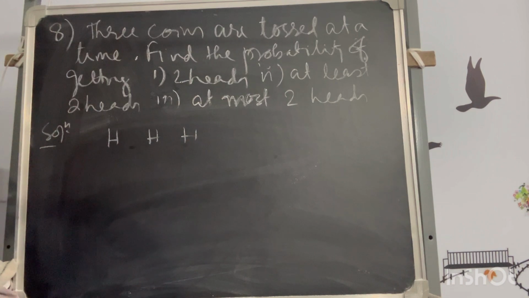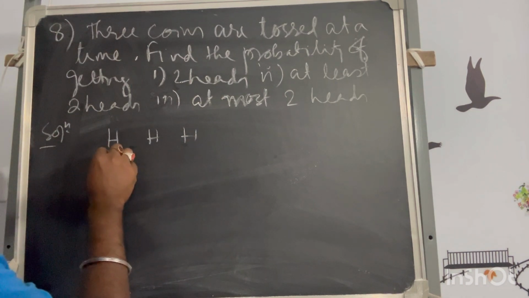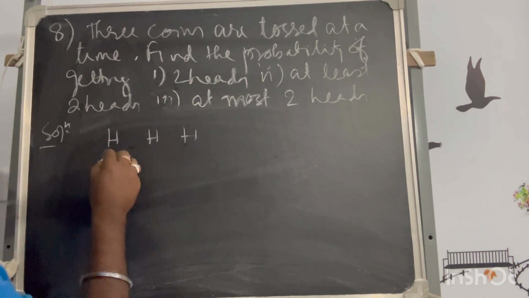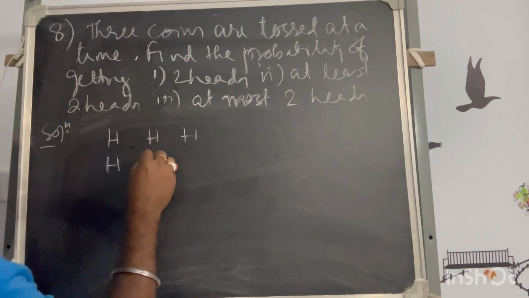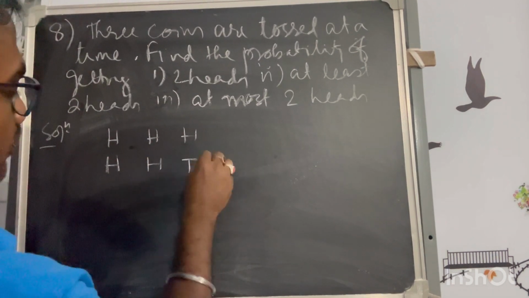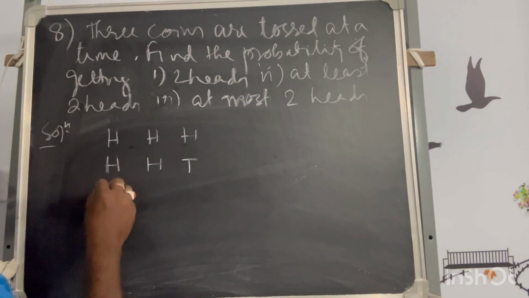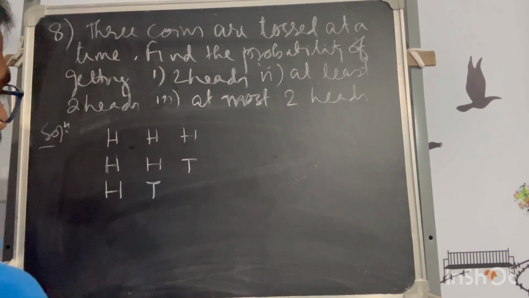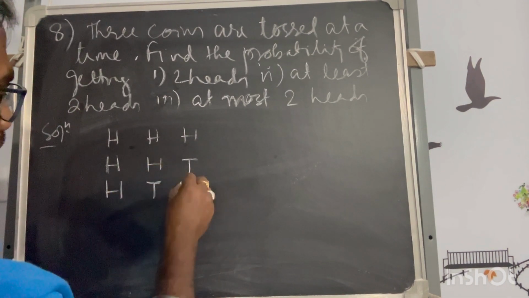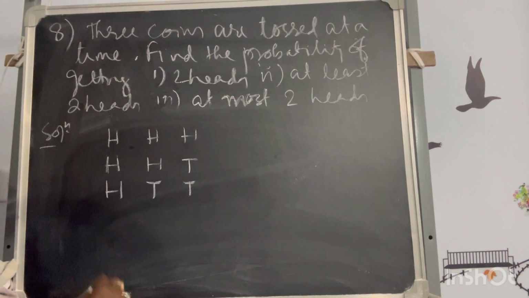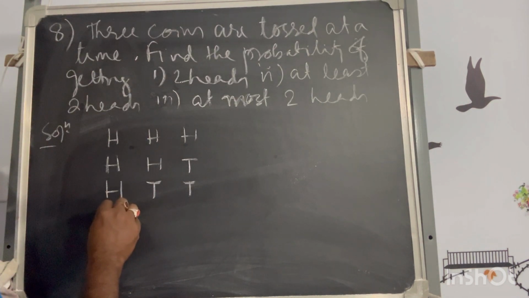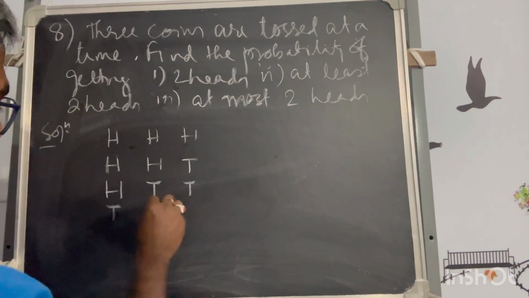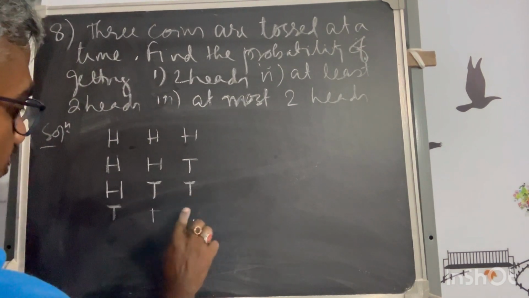Then I will not change the first and second initially; I will take a tail for the third. In the second case I will change the second and third together. In the third case I will take all tail.